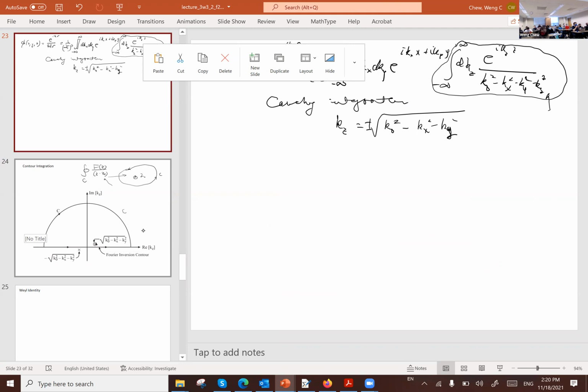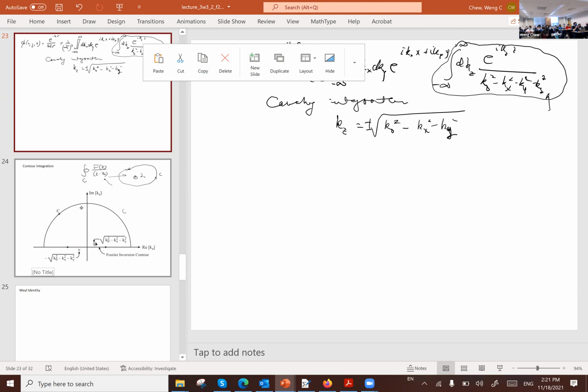It means that you can add this integration to your integration, because it is 0. So I can say that integration along the real axis is the same as integration around the circle. So this part does not contribute to anything. And Cauchy's theorem then says that integration around the circle is the same as integration around the pole that you find. So this whole integration along the real axis is equivalent to integration around the pole. That is called finding the residue of the pole.